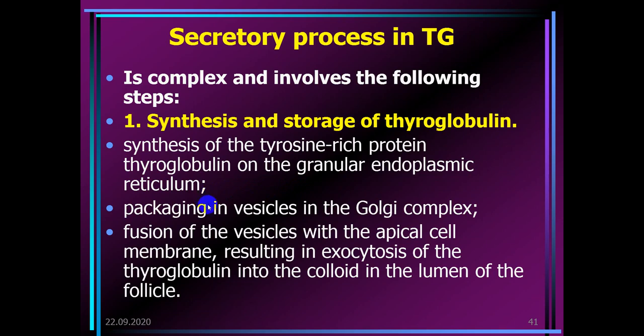Then it is packaged in vesicles in the Golgi complex, fused with the vesicles on the apical cell membrane, and then as a result of exocytosis goes to the lumen of the follicle and forms the colloid.